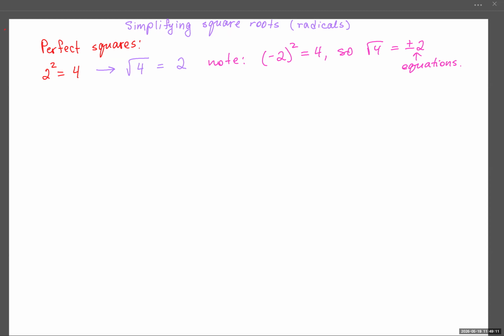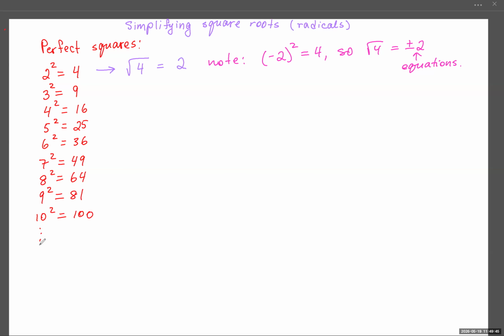So let's go ahead and continue the list of perfect squares here. So 3 squared was 9, 4 squared, 16, 5 squared is 25, 6 squared is 36, 7 squared is 49, 8 squared is 64, 9 squared is 81, 10 squared is 100.